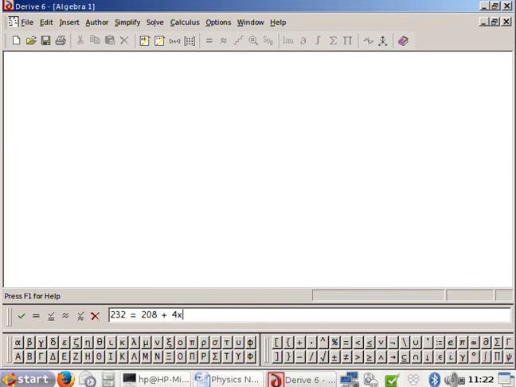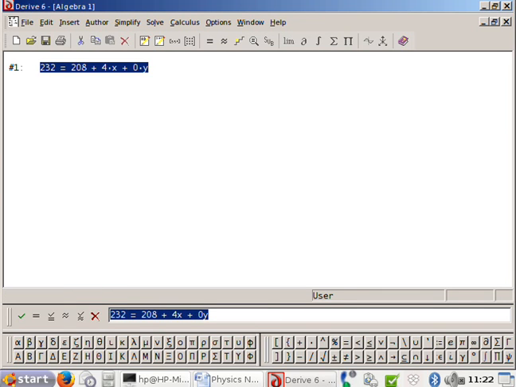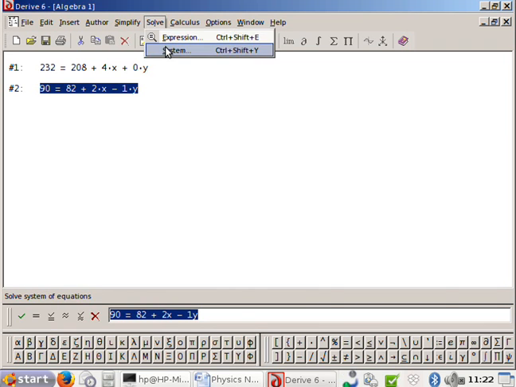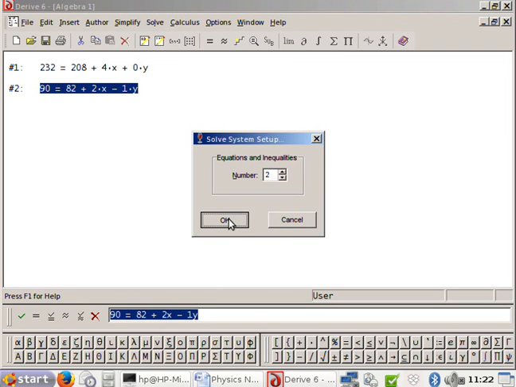An alpha has 4 on the top. And then what does the beta have on the top? 0. So plus 0 Y. And if I look at the bottoms, it's 90 equals 82 plus 2x minus 1y. We did this in the last class. So it's a simultaneous solve system 2.